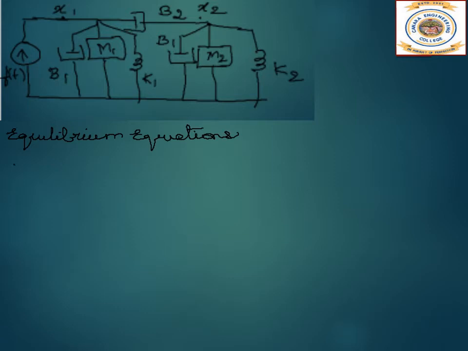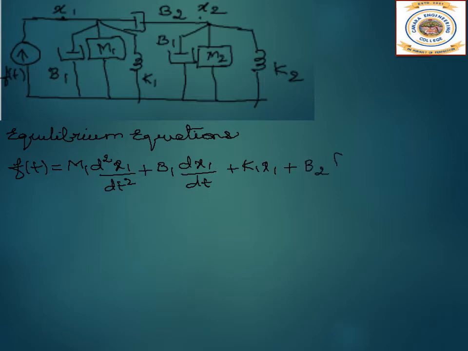For node x1 we have f of t as the input equal to, then we'll write for M1: M1 d square x1 by dt square plus B1 dx1 by dt plus K1 x1 plus, then we have B2 which is between node 1 and node 2, x1 and x2. So B2 into dx1 by dt minus dx2 by dt. This will be equation 1.